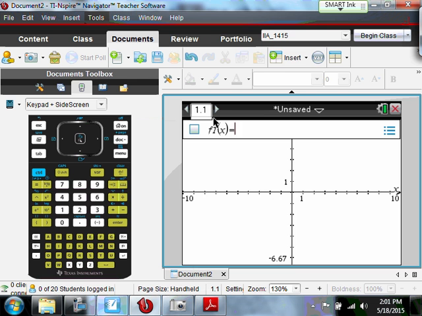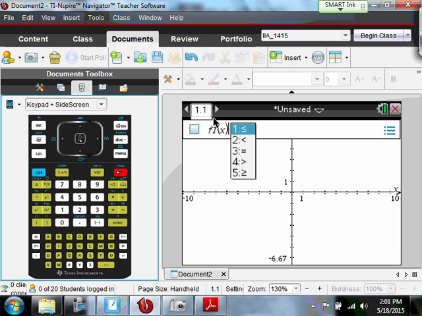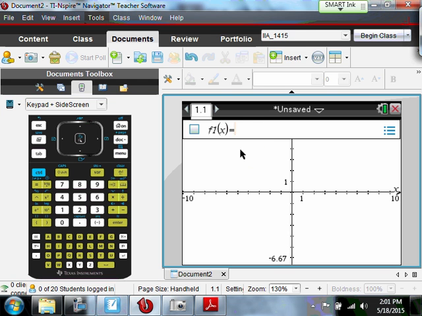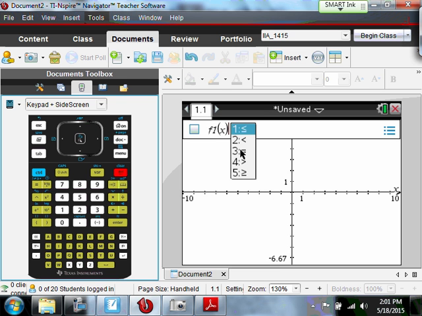Now, if I go to the calculator, it's asking me f1 of x equals. If I delete all that and back up one space, it'll give me the option to graph an inequality. But it won't let me put an equation in standard form, or will it?